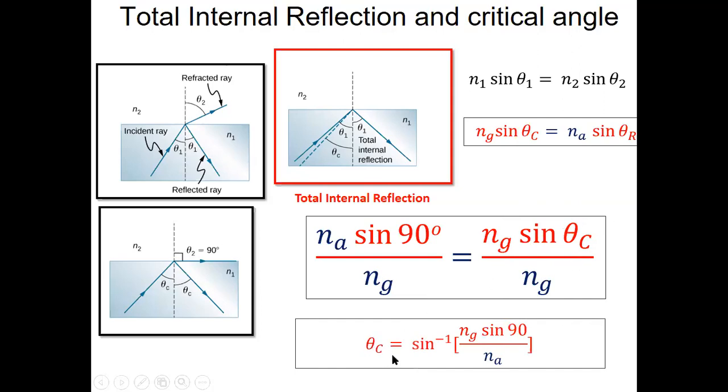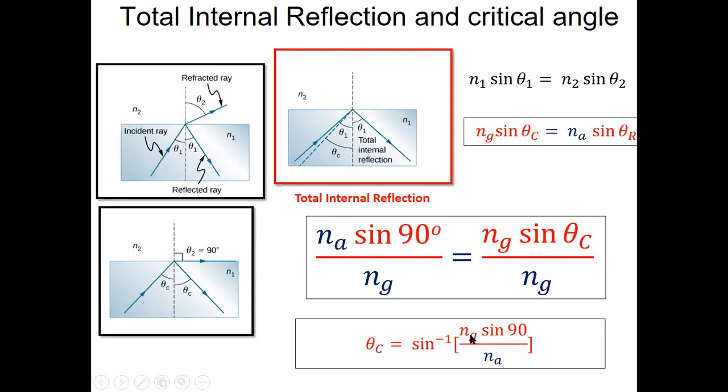So theta c will be the inverse sine of Ng, the refractive index of glass, times sine 90, divided by the refractive index of air. Sine 90 is going to be 1, and the refractive index of air is 1, right? The refractive index of glass is about 1.5, but you can use whatever number you got from your calculations.